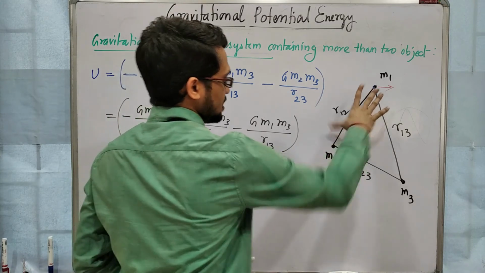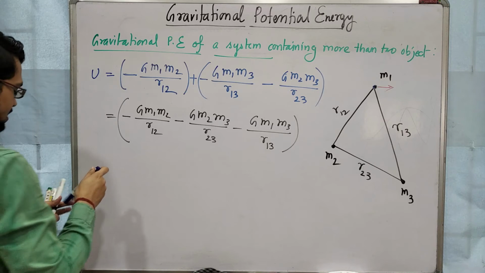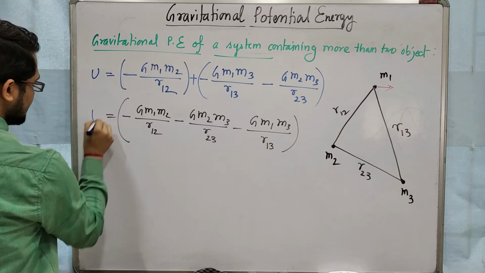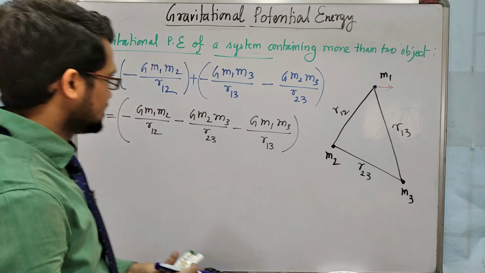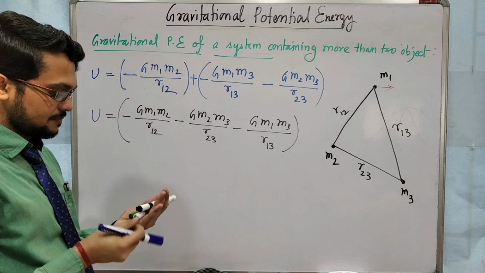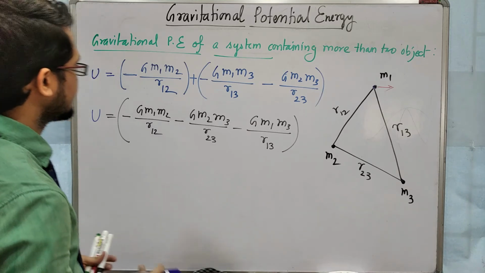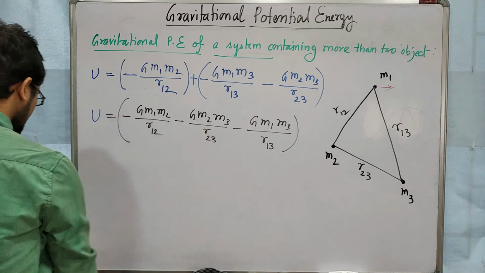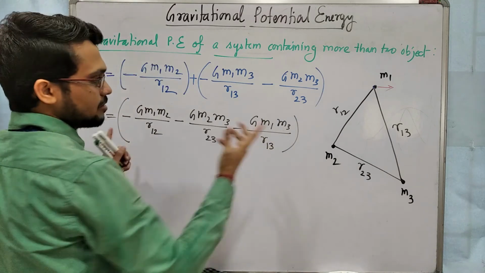How many combinations? 1, 2, 3. I hope you understood that we have to take the combinations of two objects. We write the potential energy formula for each combination, and we will get the answer. So here we are taking three objects, so we get three combinations.